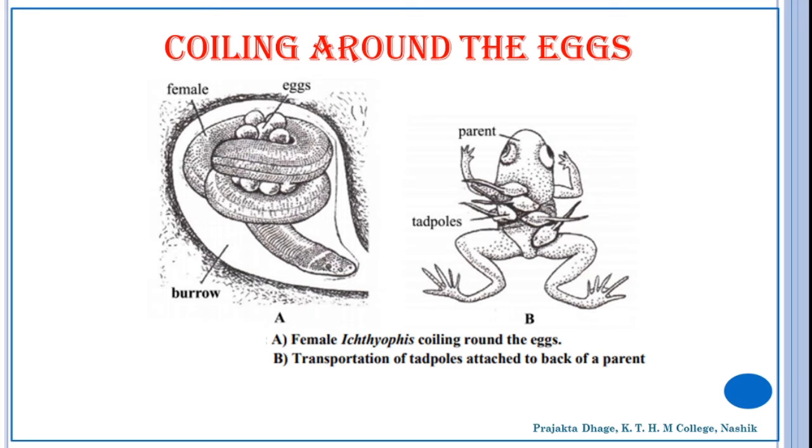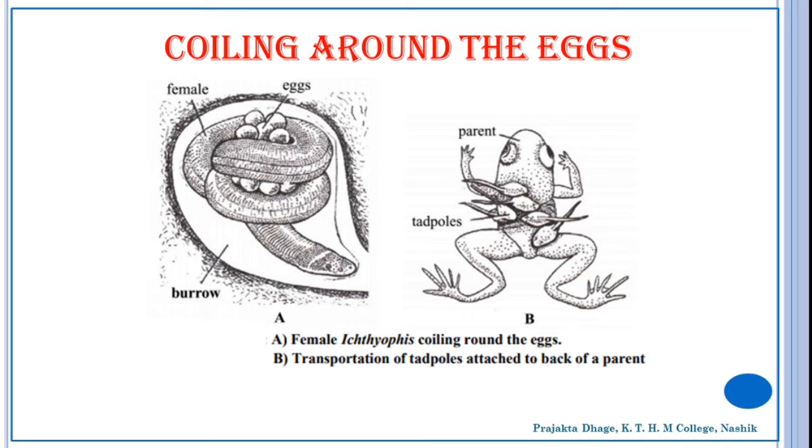Here you can see that the eggs are laid, and this Ichthyophis female is guarding the eggs by coiling around them, and she will stay there until the eggs hatch. The other examples include Amphibia, and there are many others.